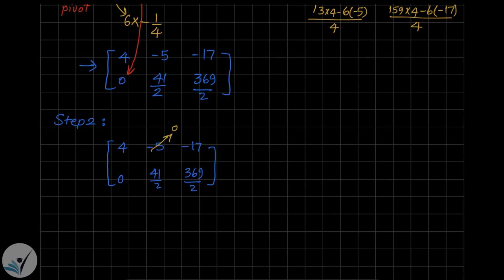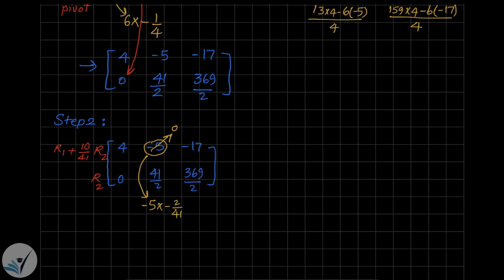This can be done by replacing the first row with the first row plus 10 over 41 times the second row. And the second row remains unchanged. To get this 10 over 41 multiplier, you need to multiply this number negative 5 here by negative of the reciprocal of the number below it.